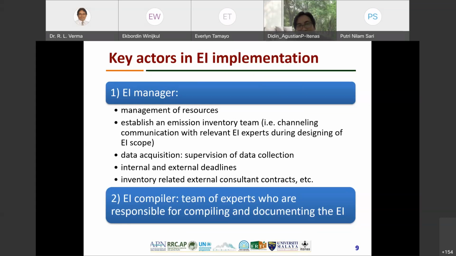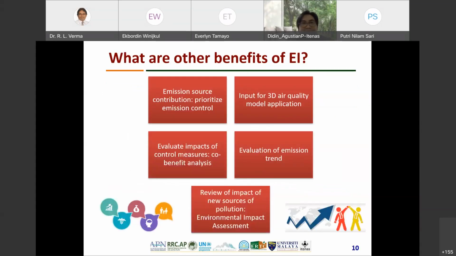In many cases, the EPA may be the EI manager, and they may appoint the EI compiler, the team of experts who are responsible to compile the inventory.